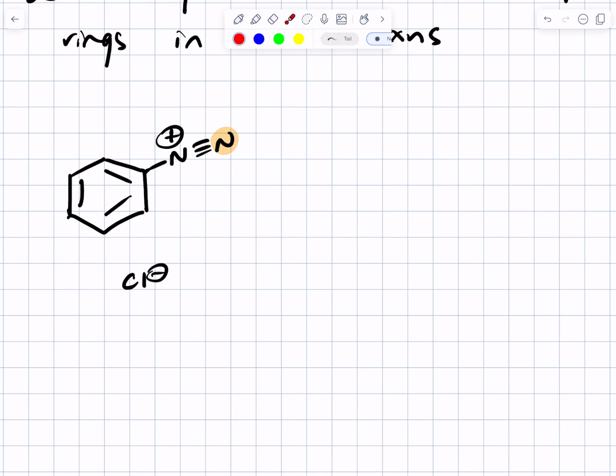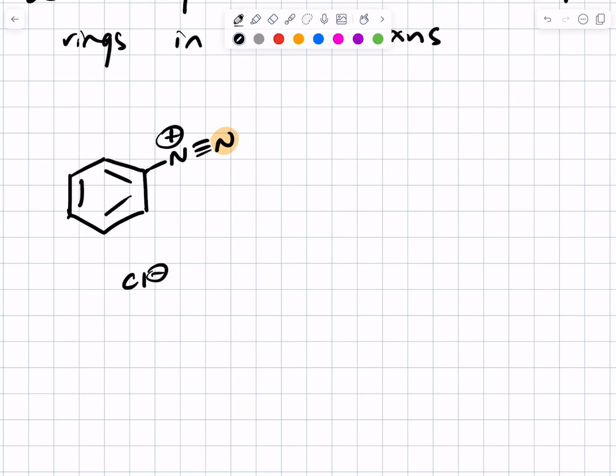If you had a nucleophile attack it, you could break this pi bond and move it onto that nitrogen, and then it would be neutral. So aryl diazonium salts are electrophilic at 2 places. One is the carbon. If a nucleophile attacks here, you're going to get substitution chemistry. One is the nitrogen. If the nucleophile attacks here, you're going to get addition chemistry.